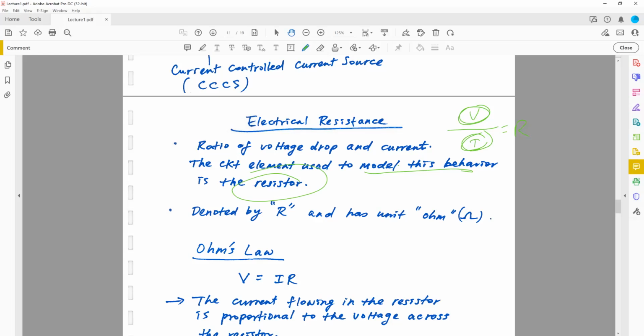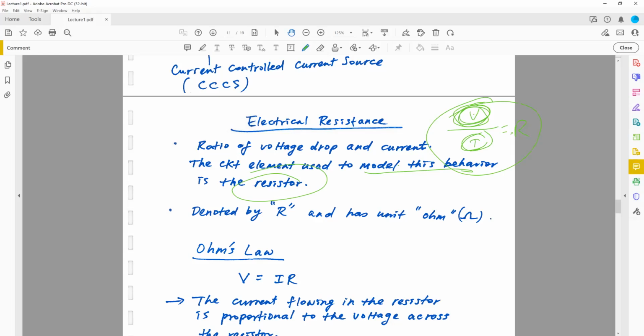Now, without diving in further, by just looking at this equation, you can immediately tell that for a given voltage, the voltage is fixed. If I increase the current, then the resistance is going to be lower.